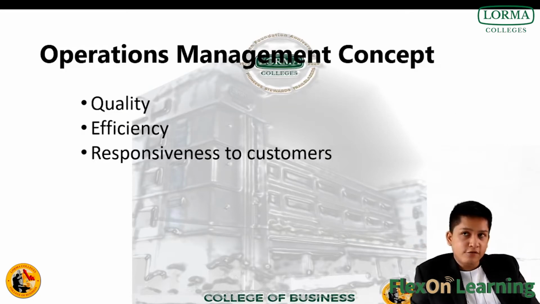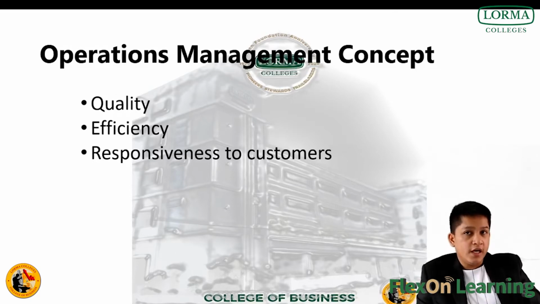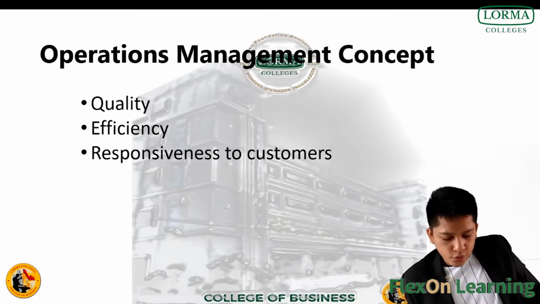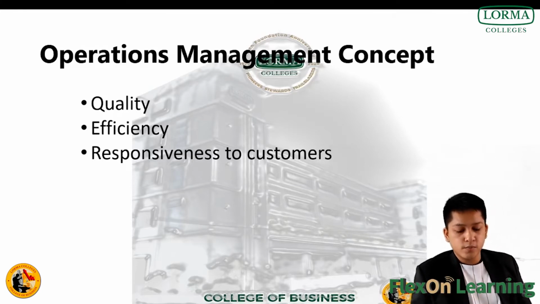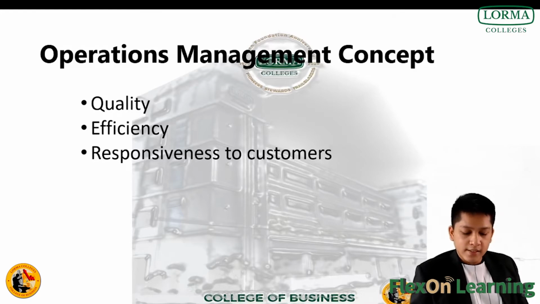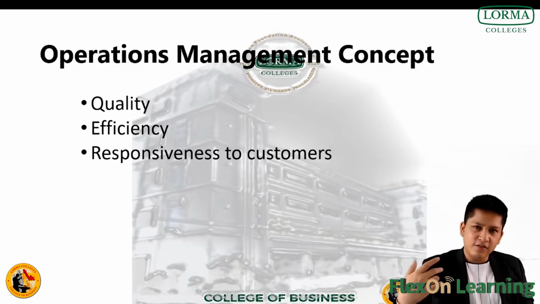We have three different concepts of management, as you can see on your screen: quality, efficiency, and responsiveness to customers. Quality means goods and services that are reliable and performed correctly, allowing customers to receive the performance that they expect. Efficiency is the amount of inputs needed to produce a given output.